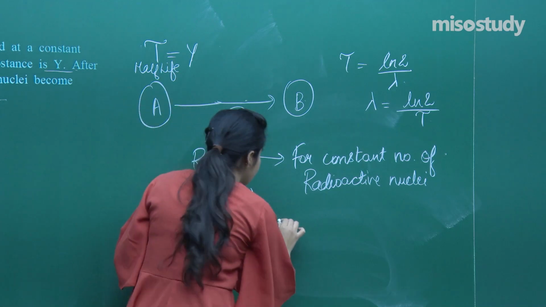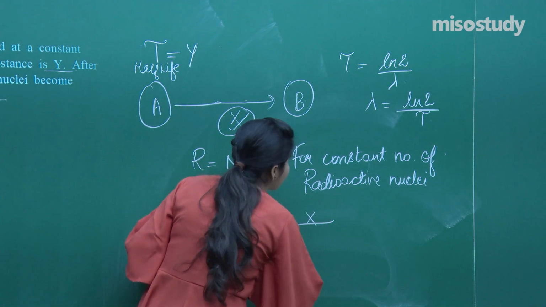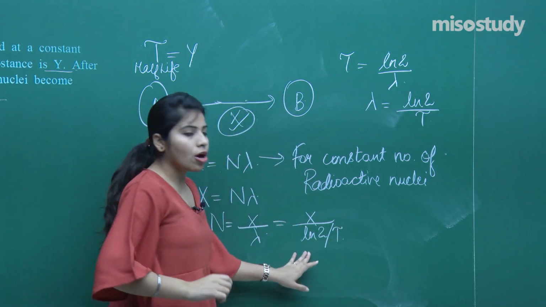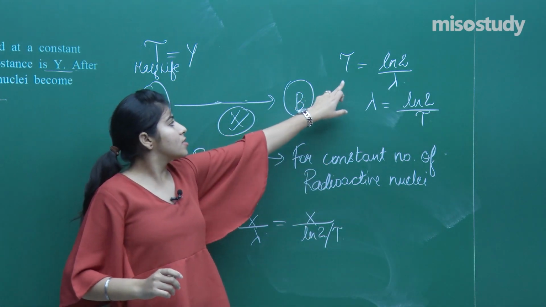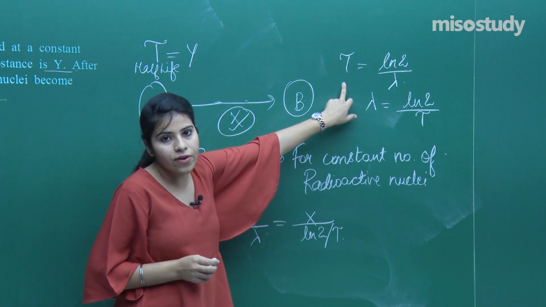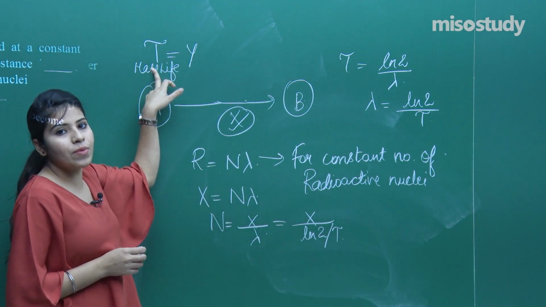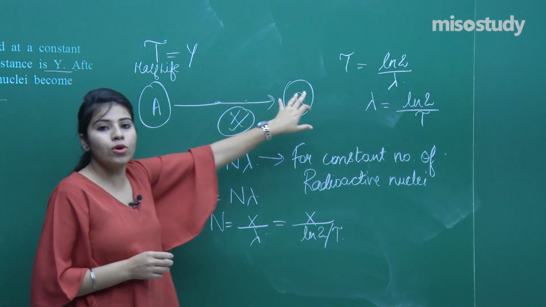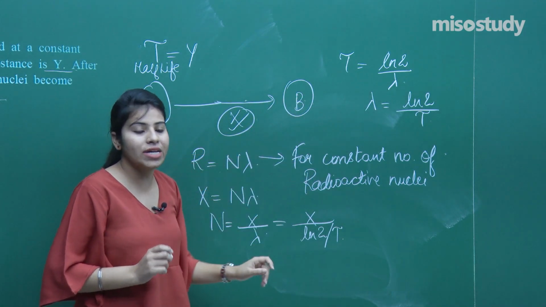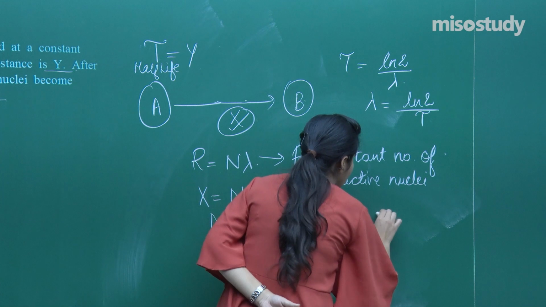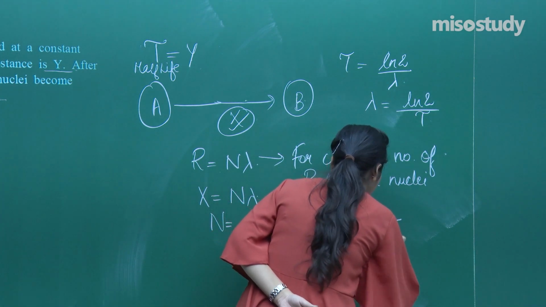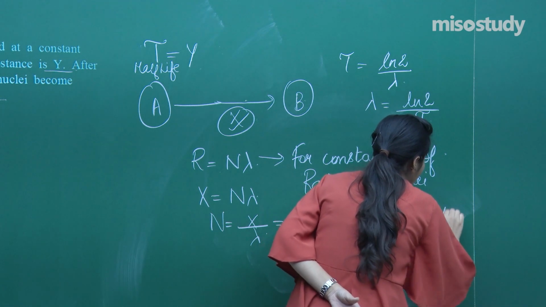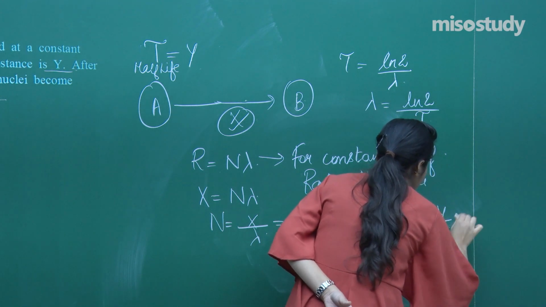So let me put this value over here: x upon log 2 upon T. Now T is nothing but the half-life, and in the question the half-life equals y. So we put y in place of T. Then we get x upon log 2 upon y, or you can write it as xy upon log 2.